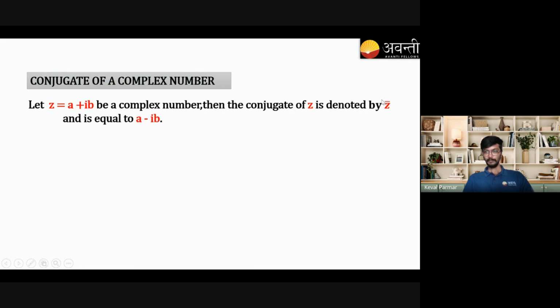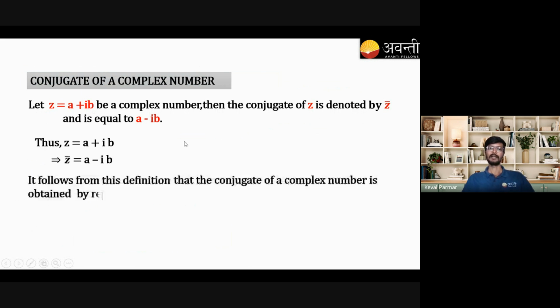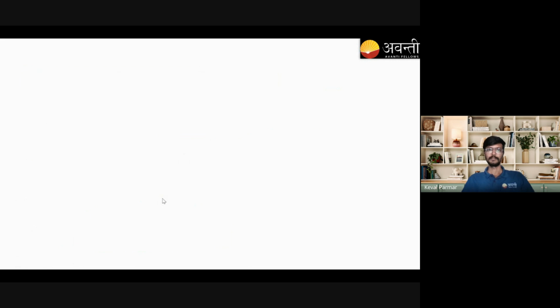You can see a bar over z, and it is read as z bar. So the sign of the imaginary part will change, ib to minus ib. I hope I am making sense. So z and z bar, right? Replace i with minus i. It's a simple definition of the conjugate of complex numbers.